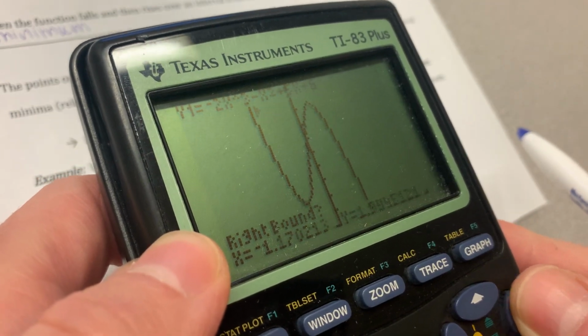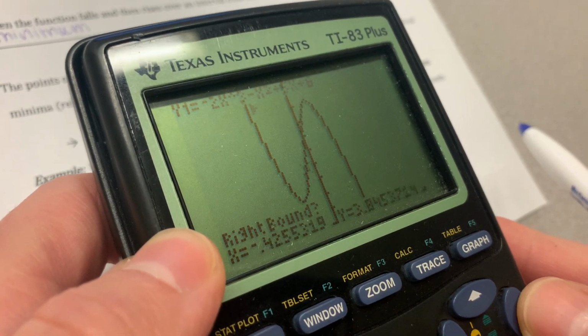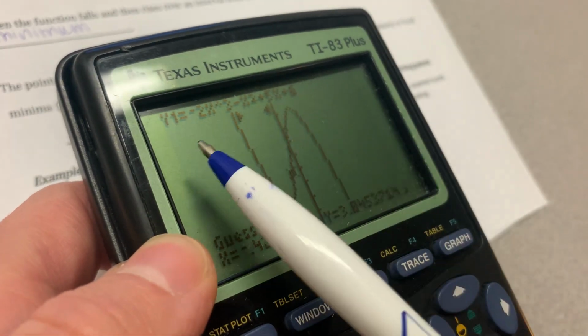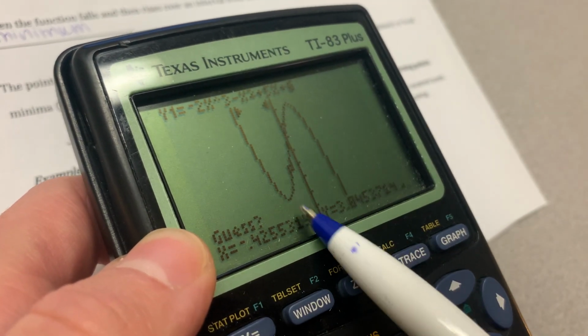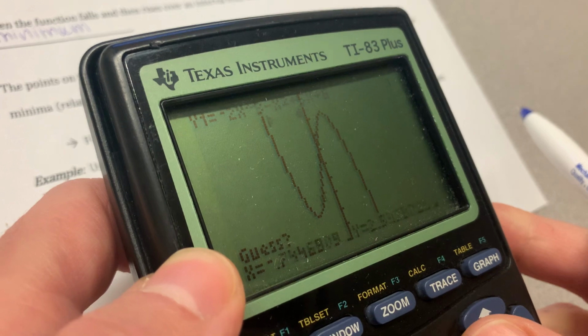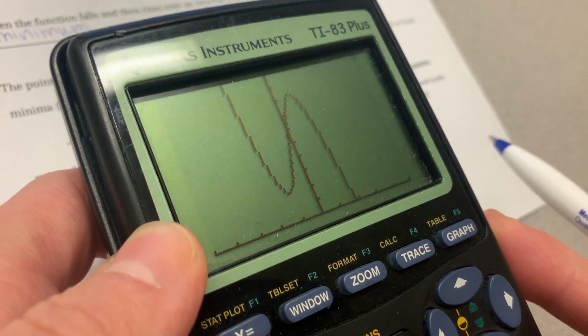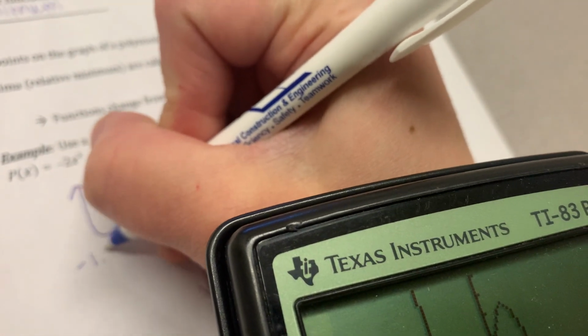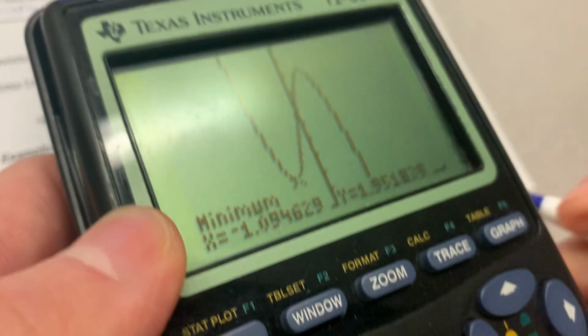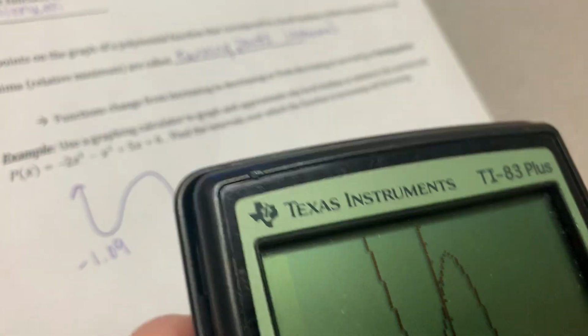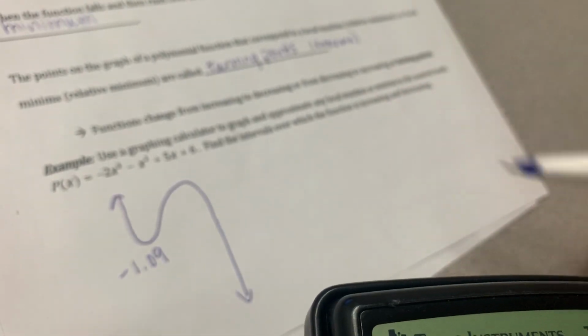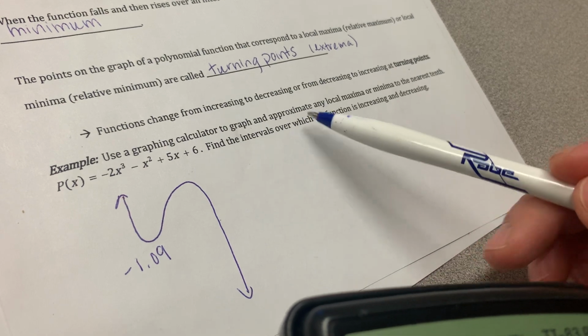So go to the right of it, and what you're doing is you're telling the calculator it's in between here. And then your calculator wants you to guess what that minimum value is. And that minimum value is -1.09, comma 1.95.